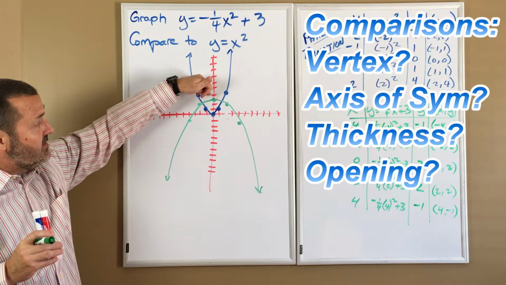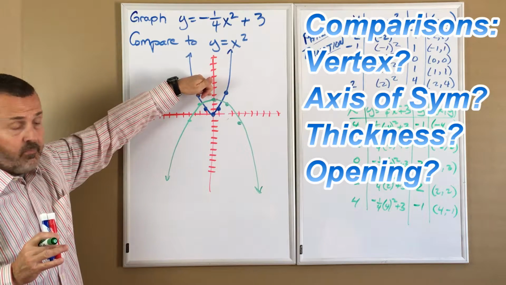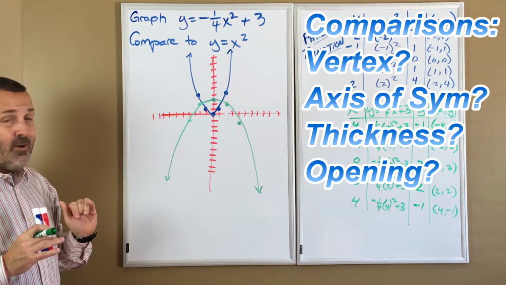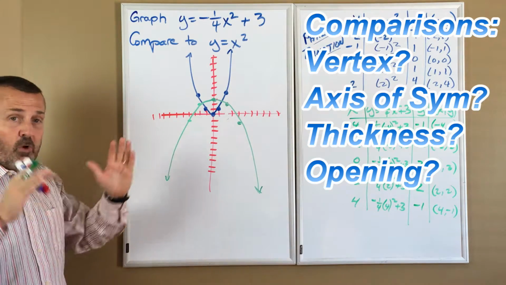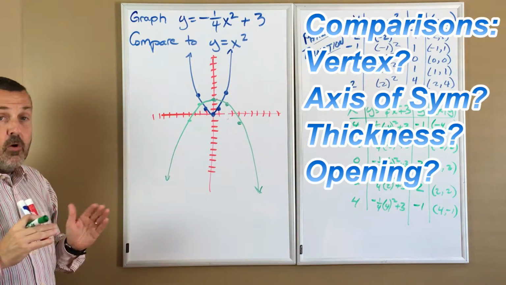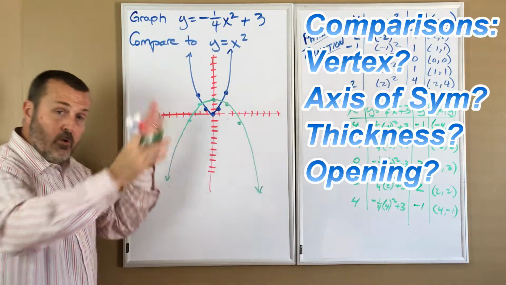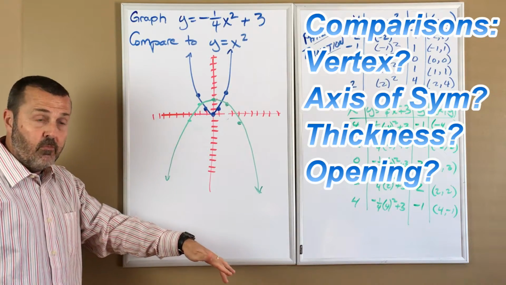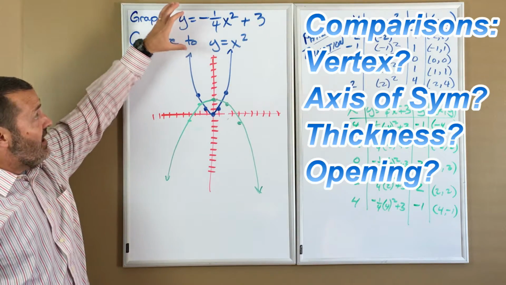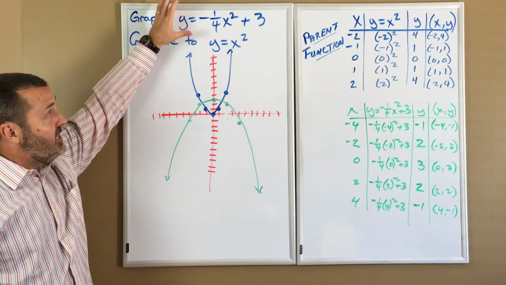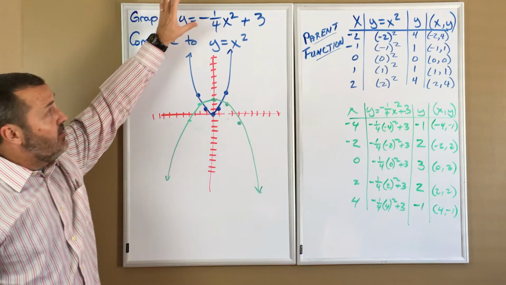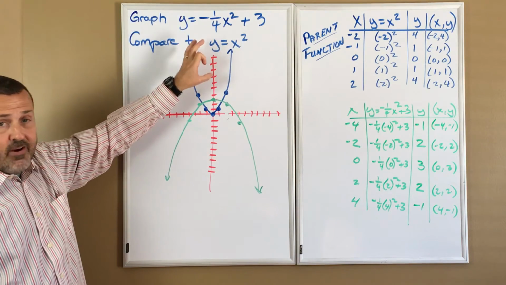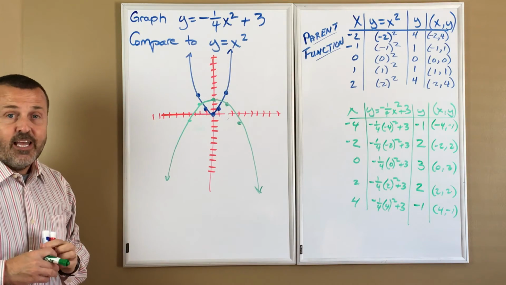It's at 0, 3. And then so forth. Which one's skinnier? Which one's a little wider? One of them's going upward. One of them's going downward. We have compared our function y equals negative 1/4 x squared plus 3 to the parent function y equals x squared.